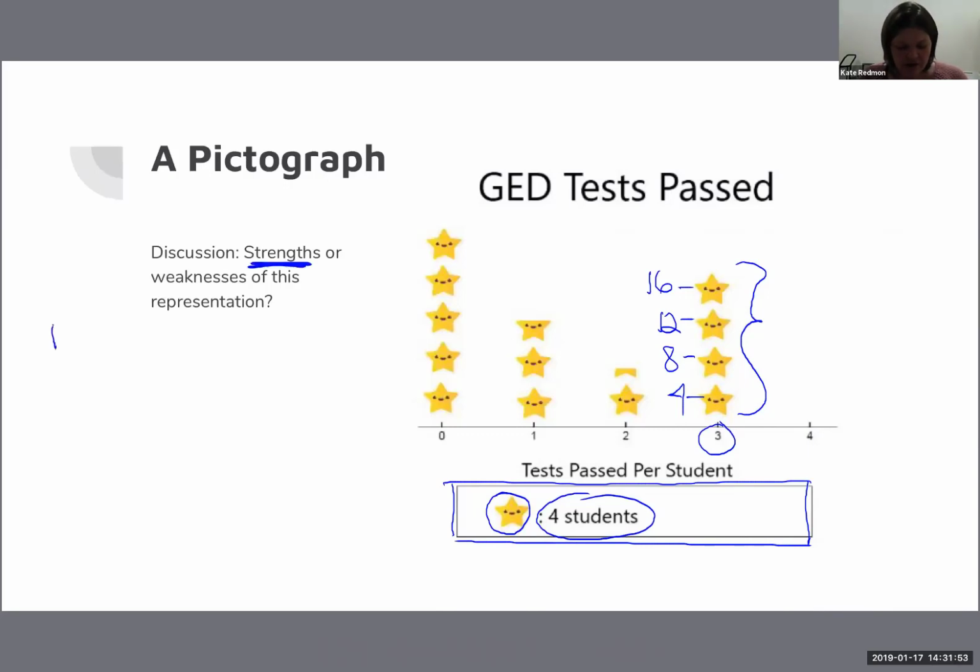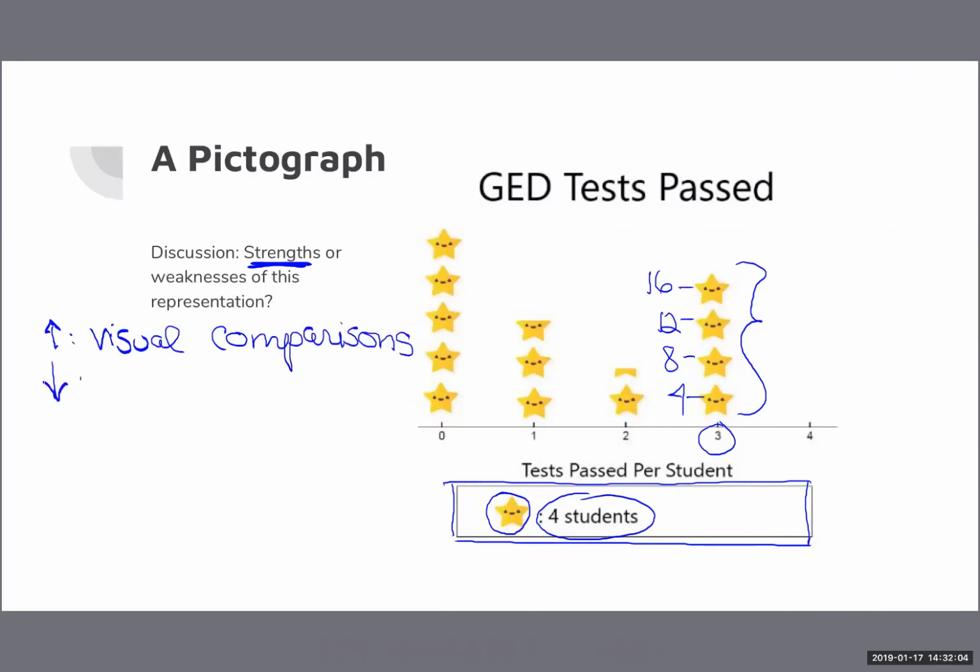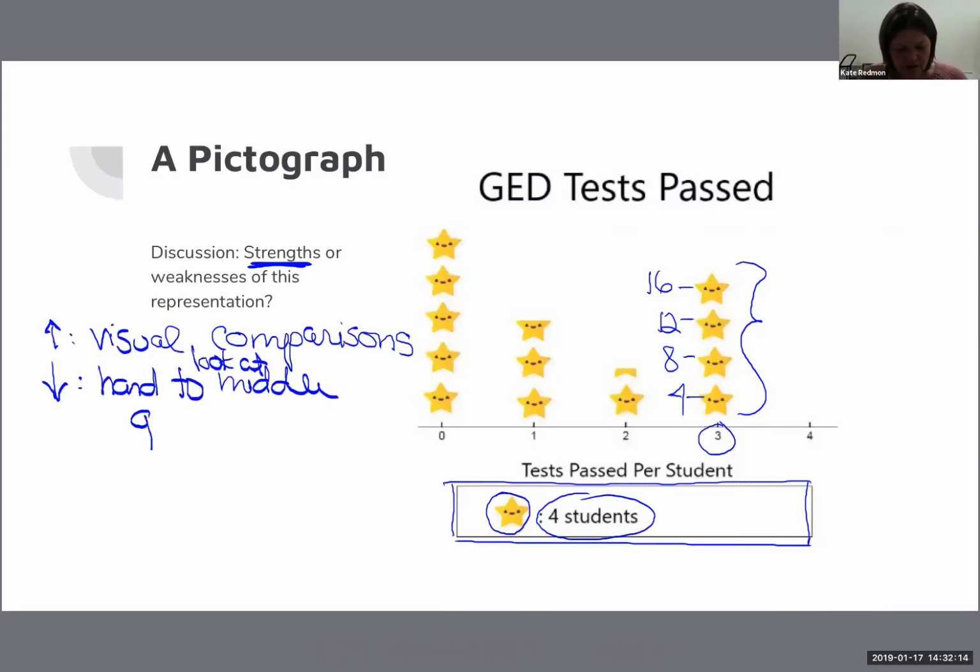James told me a strength. He said it was a really good visual, really good for visual comparisons. I absolutely agree with him there. How about a weakness of this particular chart? It's hard to write like half a star, or it's hard to look at the middle ground. But, you know, in one way, it's better than the one before because I can get more information. James said there's more anonymity. Oh, that's like a downfall.